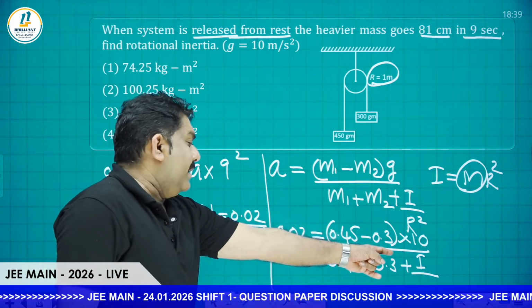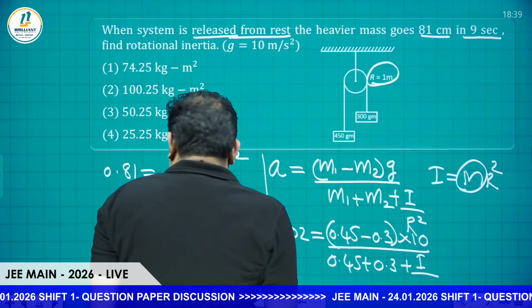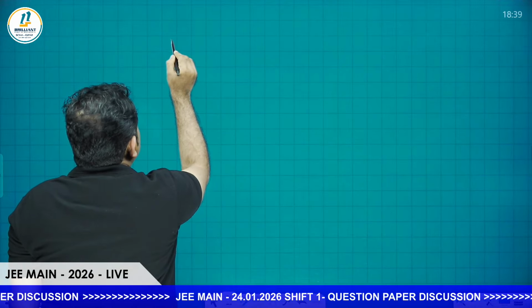Now I can take this 0.45 plus 0.3 plus I to the other side.